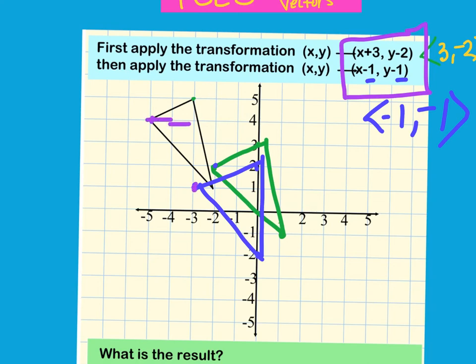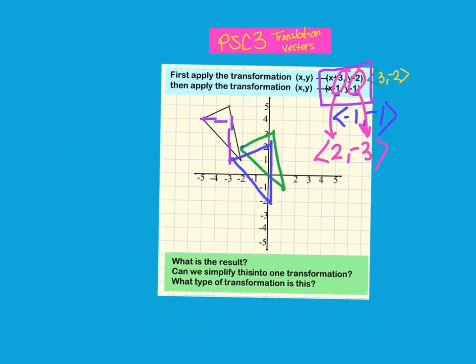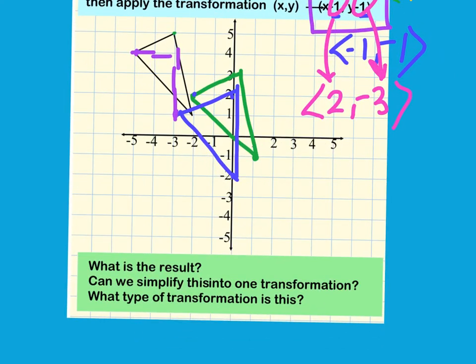I have to move it over 2 to the right and down 1, 2, 3. 2 to the right and down 3 happens to be the sum of the two translations. 3 plus negative 1 is going to give me 2. Negative 2 plus negative 1 is going to give me negative 3. So the final result is 2 comma negative 3. This is just one big translation.